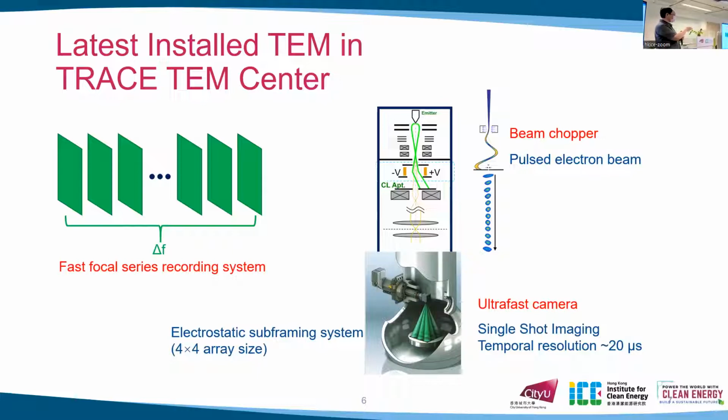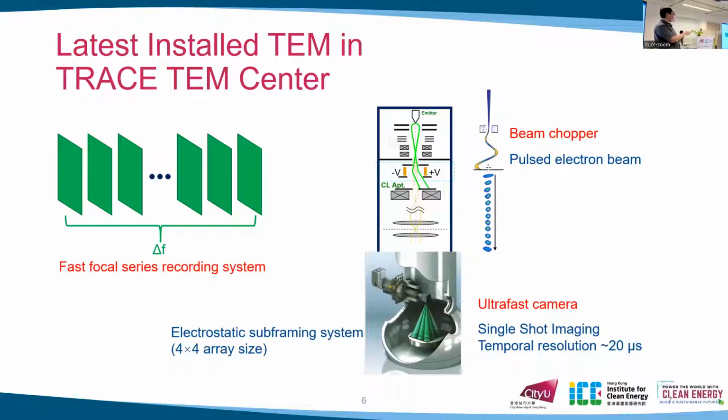Using the beam chopper, we can generate pulsed electron beams. Using the pulsed electron beam, we can reduce the electron dose rate, and also reduce the radiation damage. We also have an ultra-fast camera, in cooperation with the electrostatic blanking system.